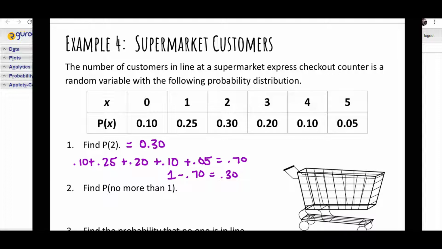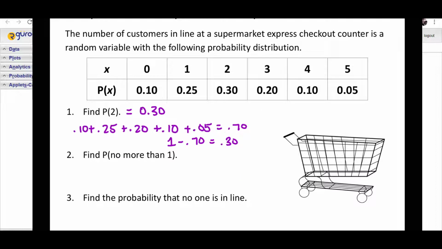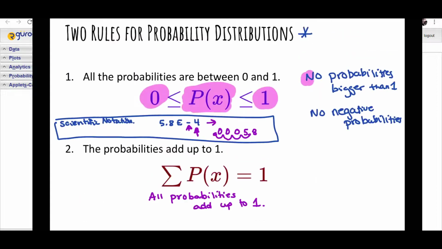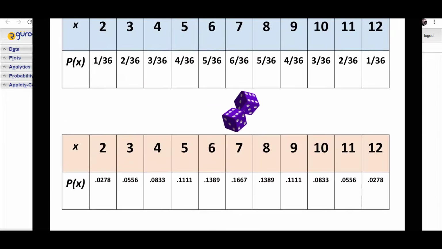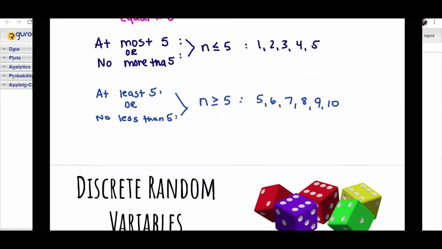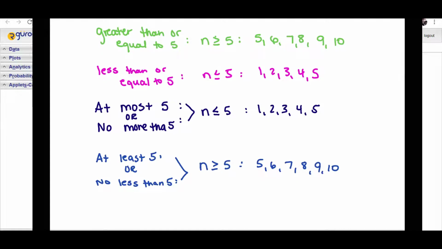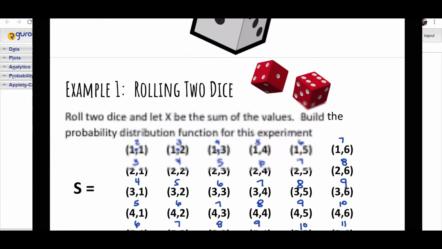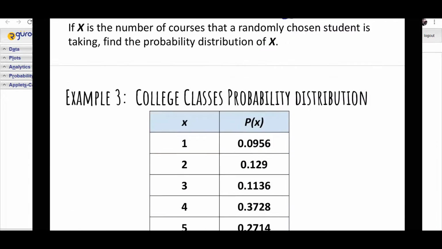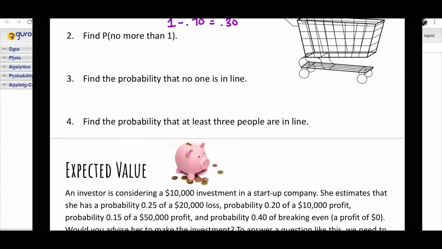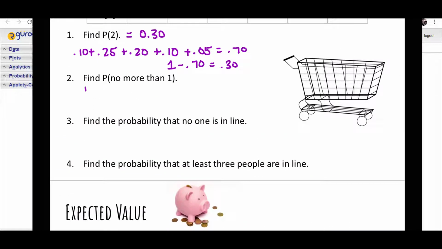So we're doing the probability of each of these random variables. If they ask you for a specific number, you just pull it off the table. But let's look at number 2. It says, find the probability of no more than 1. No more than means that number or less than or equal to. So no more than 1 means less than or equal to 1.